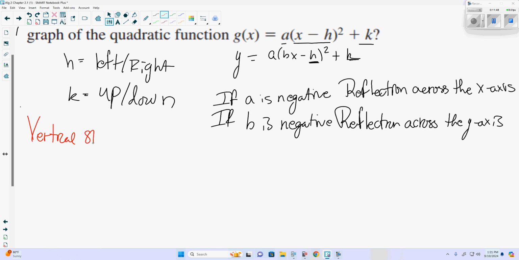Vertical stretch if a is greater than 1, vertical shrink if a is between 0 and 1. These we feel comfortable with. That's a funky way to write that.